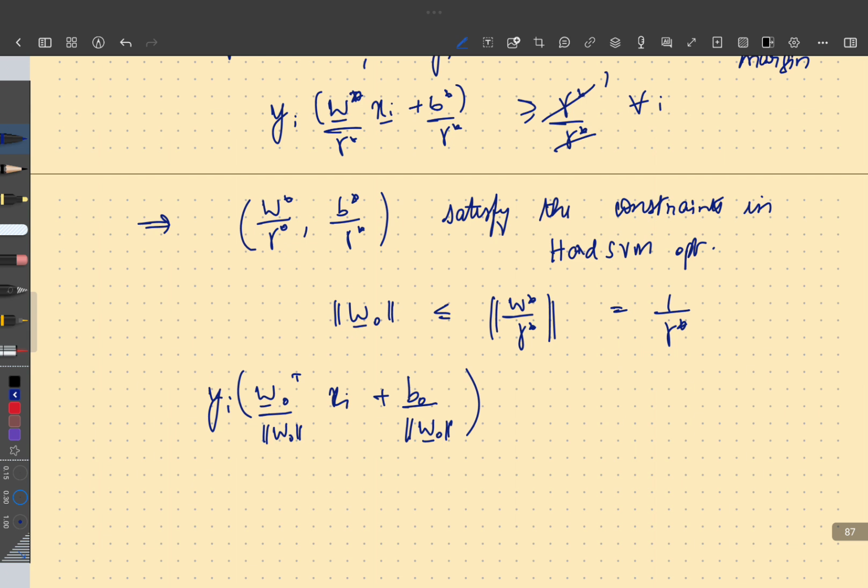So this is equal to yi times (W0 transpose xi plus B0) divided by the norm of W0.